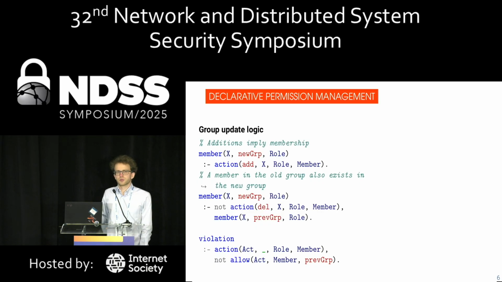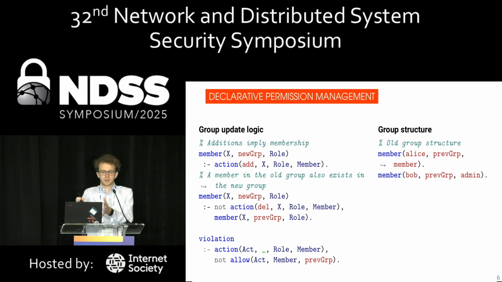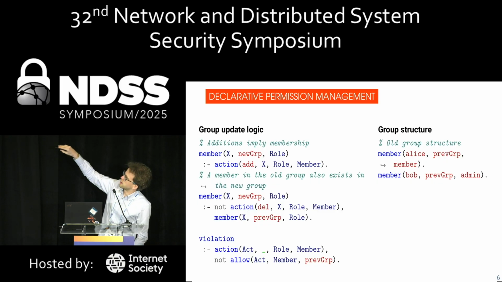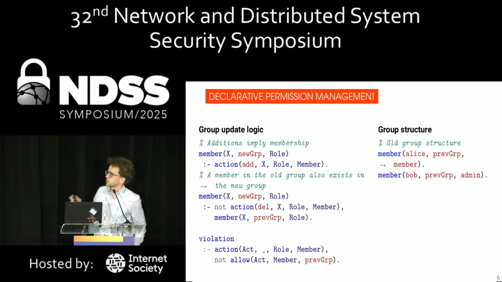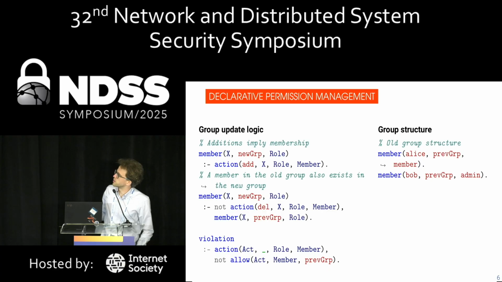So this is a way to model the Signal group permission system. And to use this, you could evaluate this rule set against the group state. For instance, this is the old group state, so we have Alice in the previous group, the group that's currently stored on the server, and she is a member, and then Bob is also a member in this group.